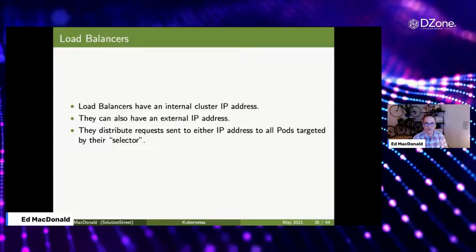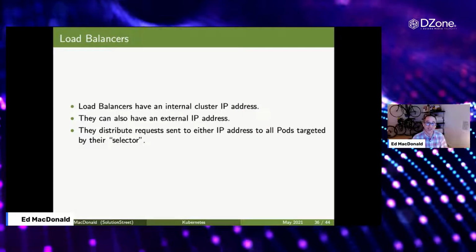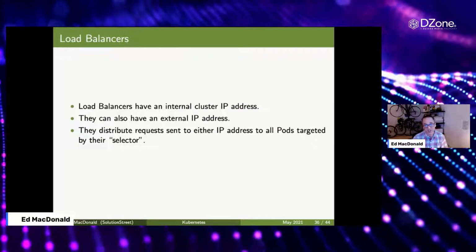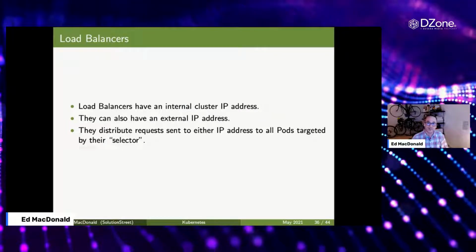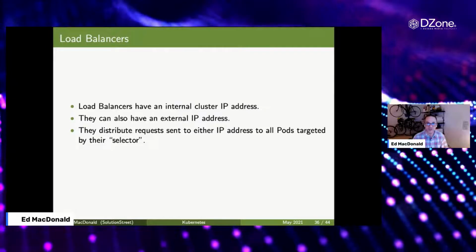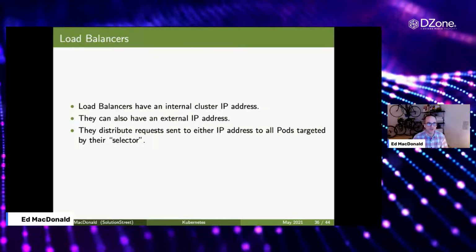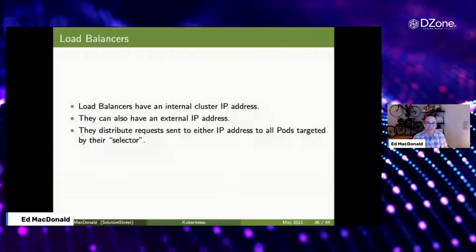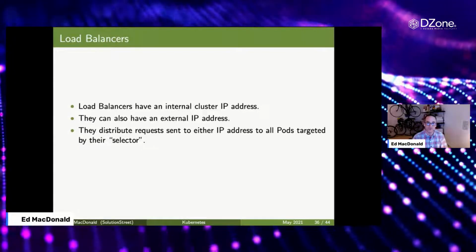There's also something called ingress services that I haven't used, because Azure Kubernetes Service essentially gives you an easy way to assign an external IP address to a load balancer. But they also have an internal cluster address, which is essentially the address to one of the nodes in the cluster, and it will distribute any traffic sent to any of those IP addresses. It will do the load balancing between pods in the application for you.